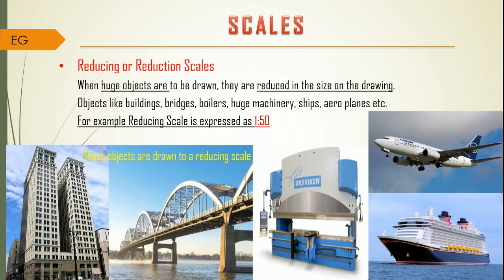If we are drawing a 1 mm line, then treat it as 50 mm. So that is actually the reverse of your enlargement. In the previous one we saw that 10:1 is the enlargement scale, and in reduction scale we show it as 1:10 or say 1:50. So this is what the reduction scale.